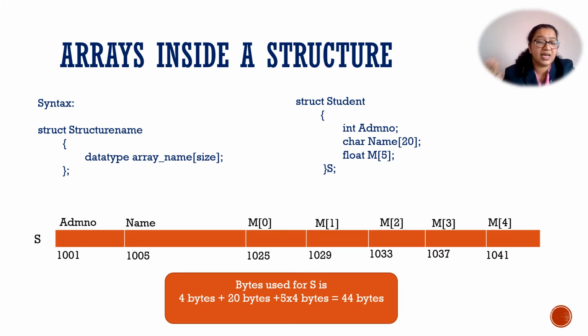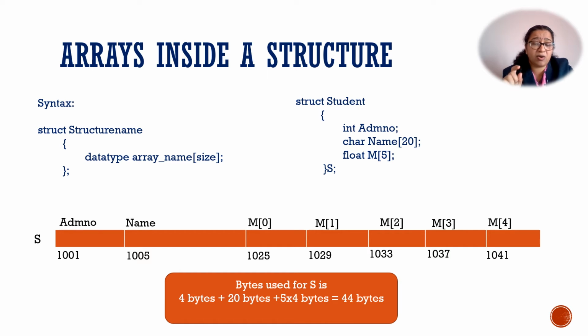See the memory address. 1001 is the base address of S. That means admission number gets 4 contiguous bytes. Then for name 20 bytes, so 1005 to 1024.